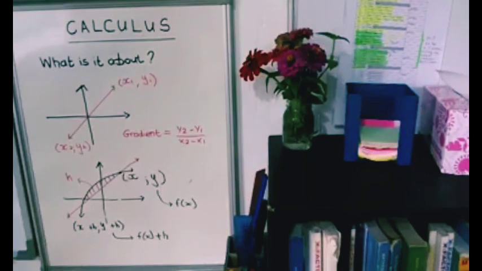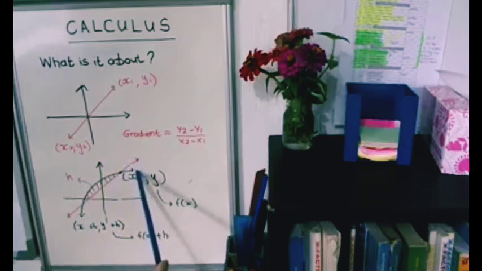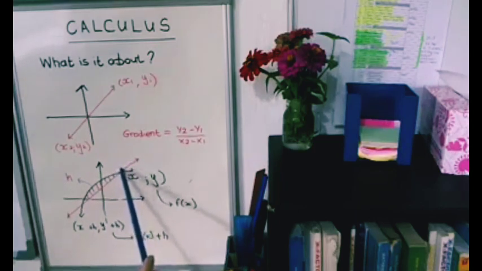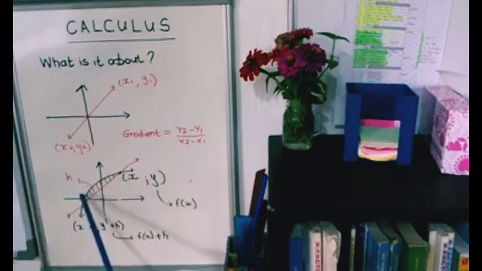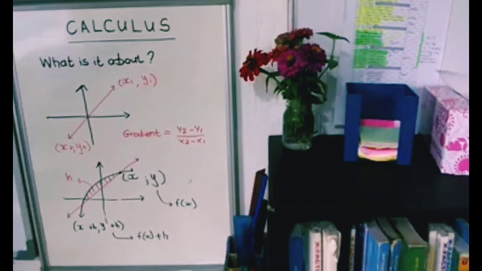Now, with calculus, we've got to work out the gradient of this line here. We can't have an absolute gradient because of that little bit of extra. I call it h, your little bit extra.